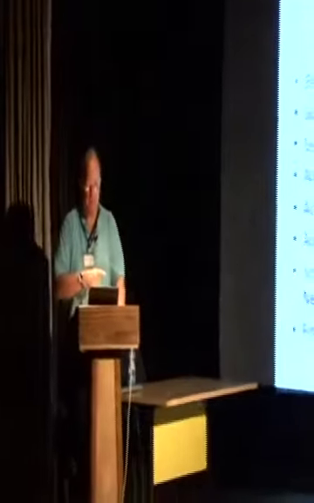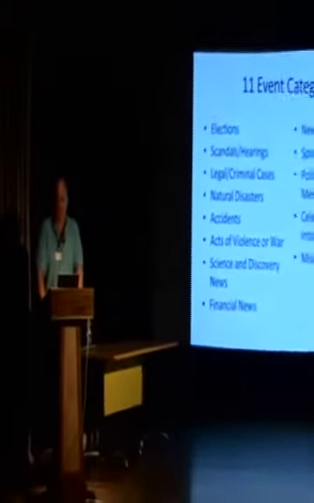So the relevance judgment for saying whether this is on the same election as that are very different from saying whether it's on the same celebrity human interest news as that, right? These are different kinds of problems.